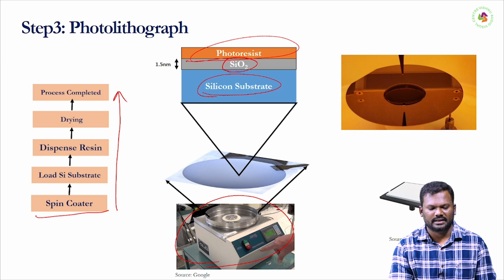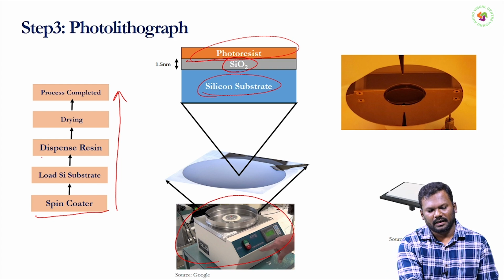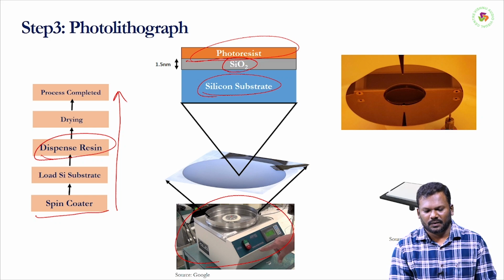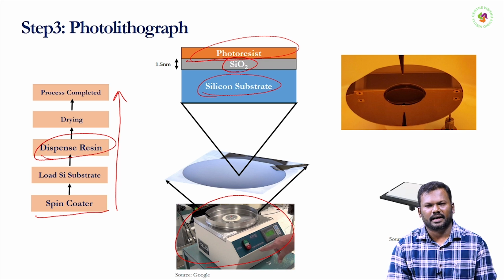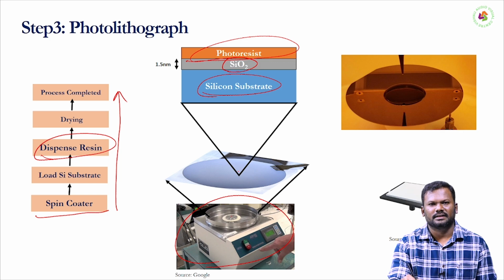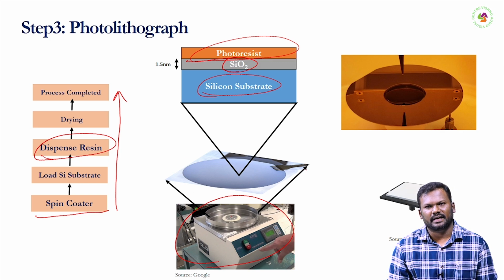Then you deposit a photoresist, or we call it dispensing the resin. If you rotate this spin coater at 5000 rpm or 3000 rpm, the dispensed resin on top of the silicon dioxide grown silicon substrate is uniformly distributed.